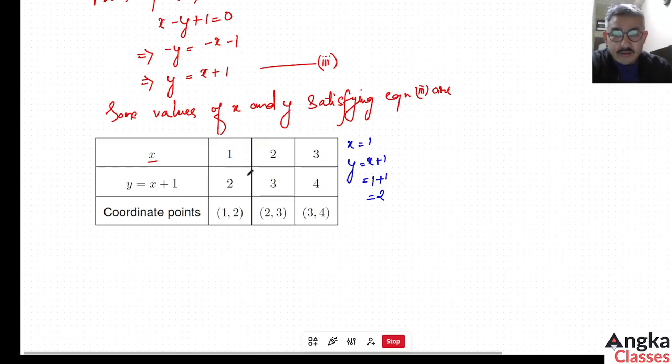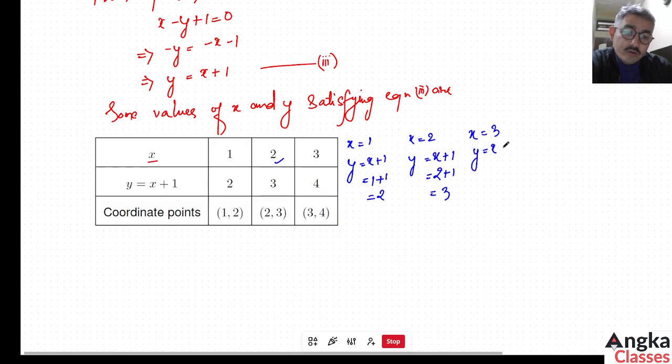When x is 2, y is equal to x plus 1, so we have 2 plus 1, which is equal to 3. Similarly, when x is equal to 3, y is equal to x plus 1, which is equal to 3 plus 1, which is equal to 4.